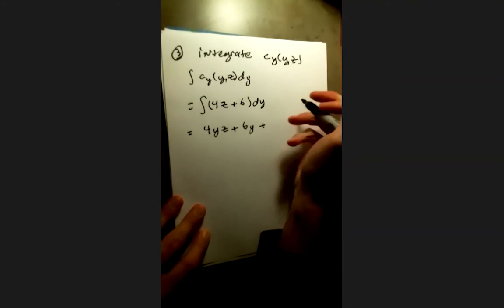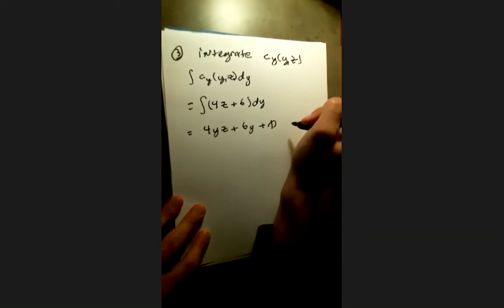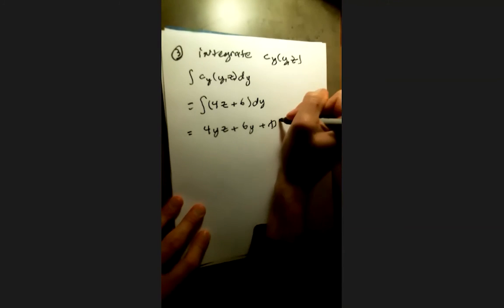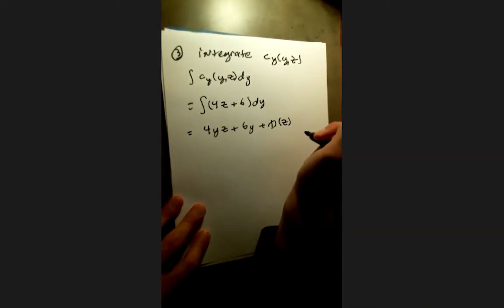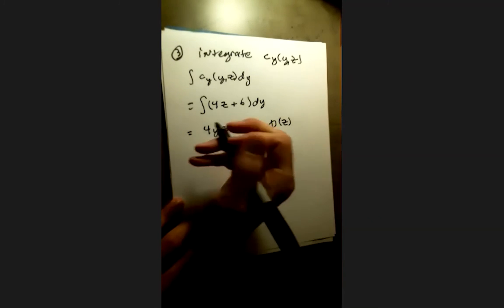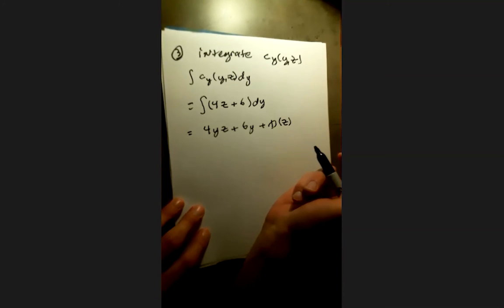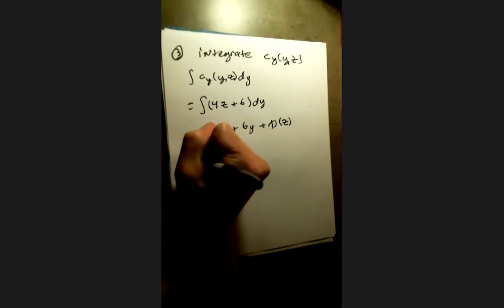We already used c, so I'm going to use d. And this has to be a constant in terms of x and y, so this would just be a function of z.